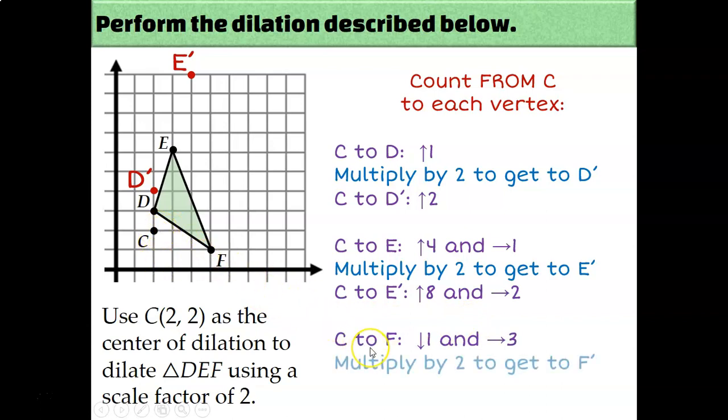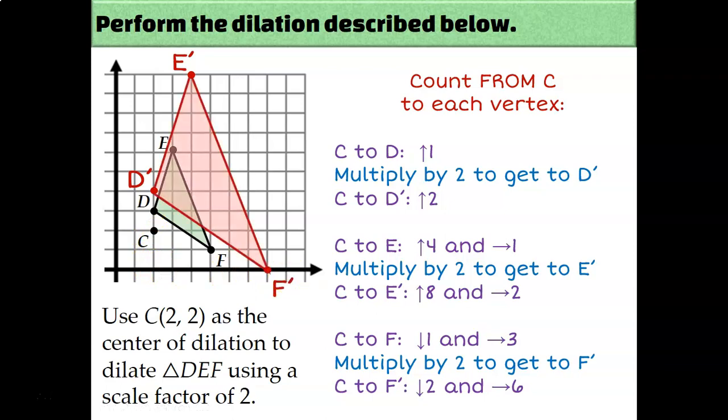So to get from C to F prime, we'll do double that, down 2 and right 6. So from C, I'm going to go down 2 and right 6, and that's F prime. Connect those 3 points to form a triangle, and that is the dilation of triangle DEF using a scale factor of 2 and the point 2, 2 as the center of dilation.